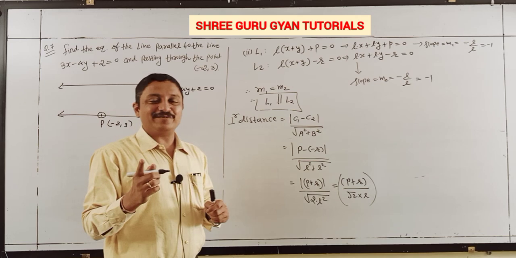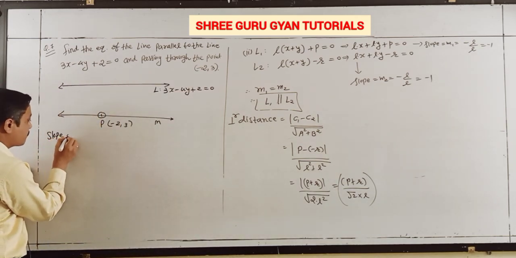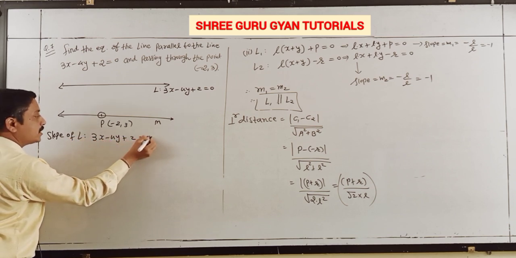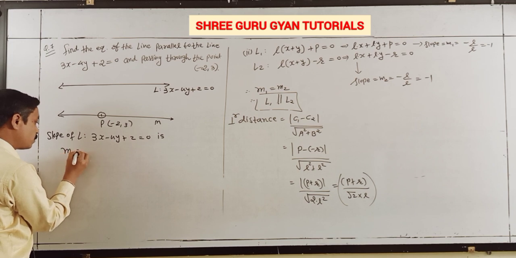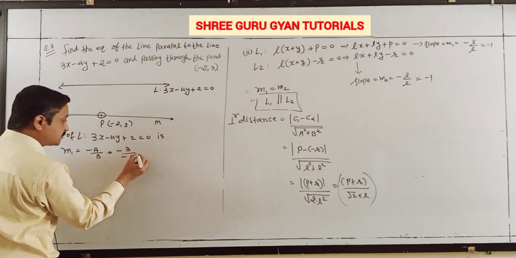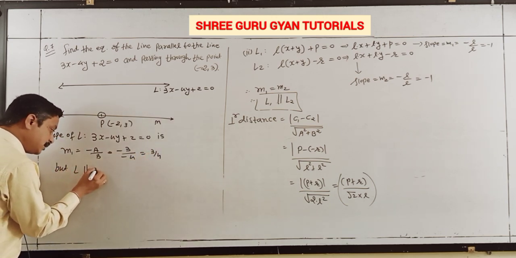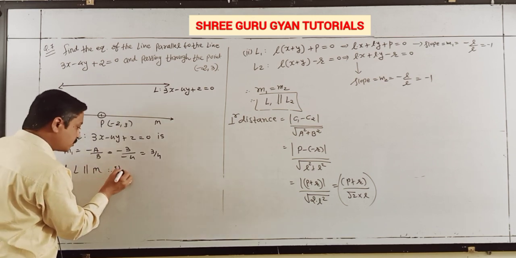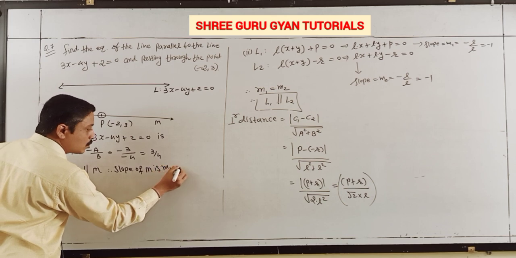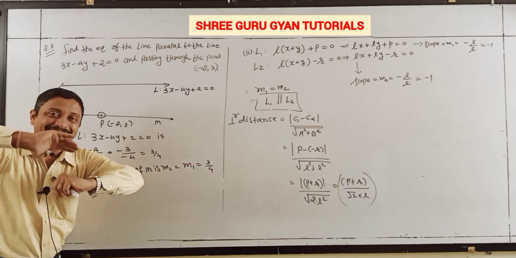You know students, parallel means slopes are the same, so I take here the slope of line L, m1 is minus a by b, minus 3 by minus 4. But L is parallel to M, that's why the slope of M, m2, is equal to m1, because of the parallel condition.